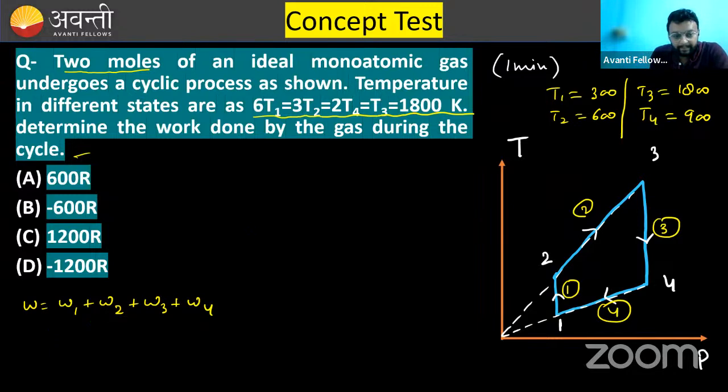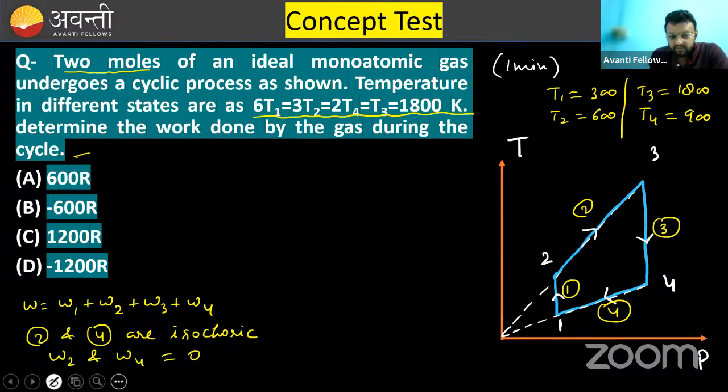So process 2, and similarly process 4, are isochoric. If they are isochoric, that means work done in the second process and in the fourth process is 0. Clear? So two work dones are cancelled. Now we have to calculate only W1 and W3.